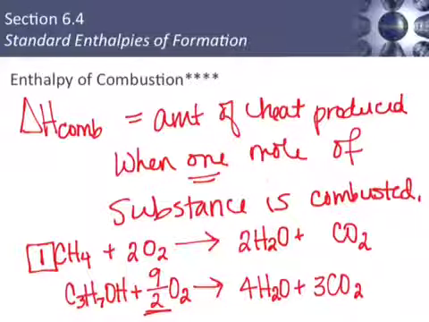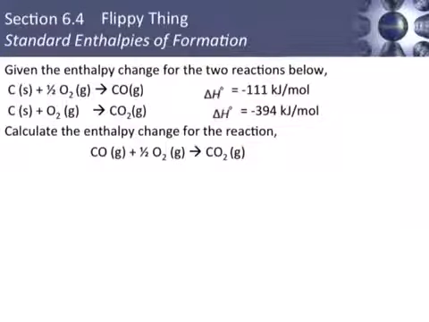All right, any questions on that? Okay, so let's go do some problems. The flippy thing is us manipulating these equations so that we can get to our end-all goal. Our end-all goal is right here.